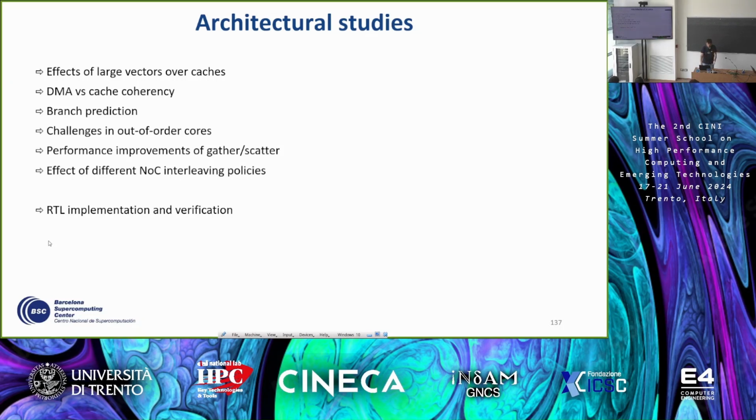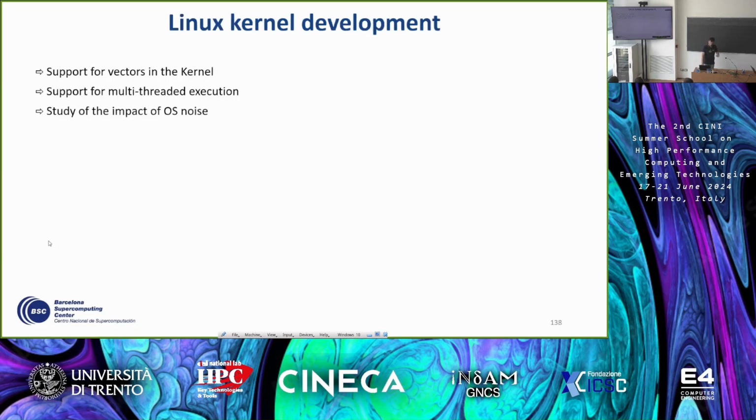So how much money in the end? Complexity. The performance of the gather and scatter, we saw this morning that nobody expects them to be as efficient as the units tried. The effect of the network on chip, and of course RTL implementation and verification, that is another point.